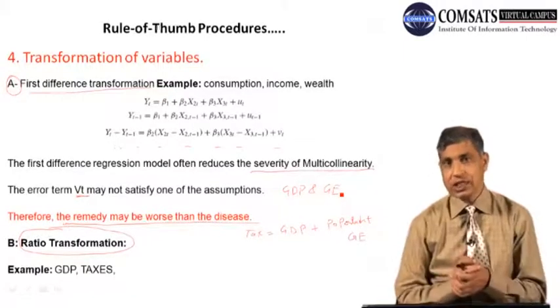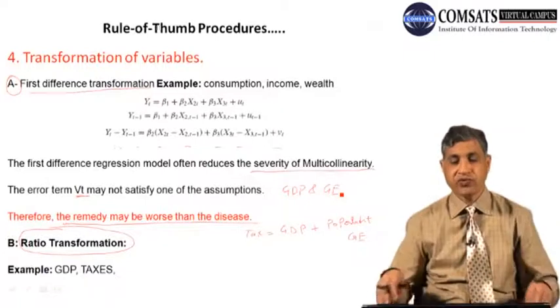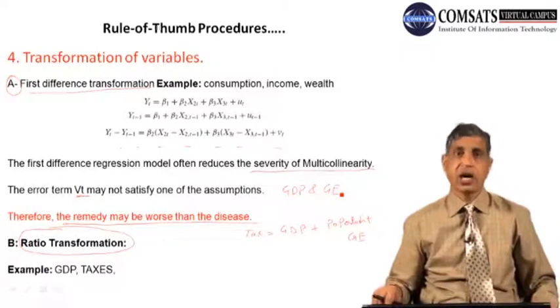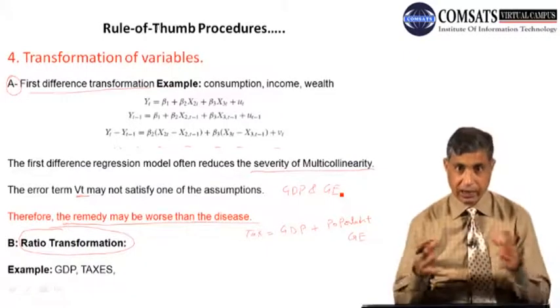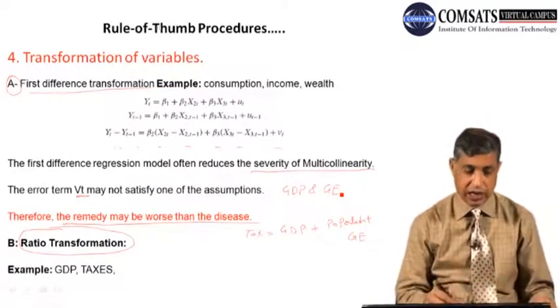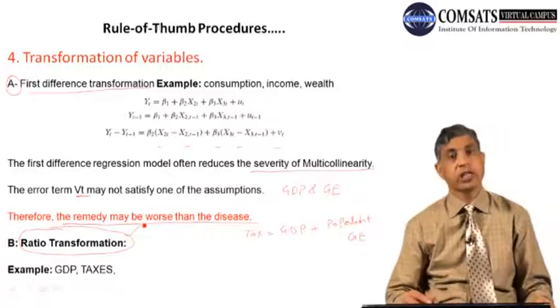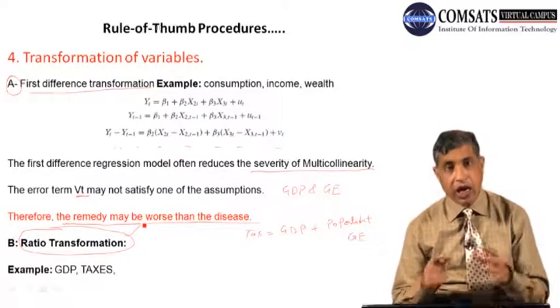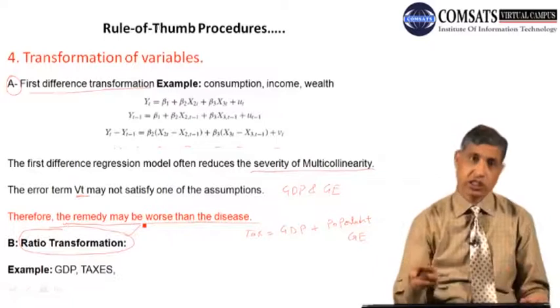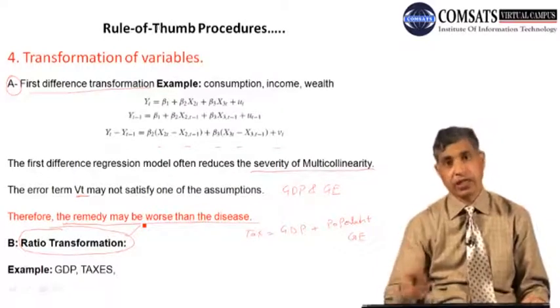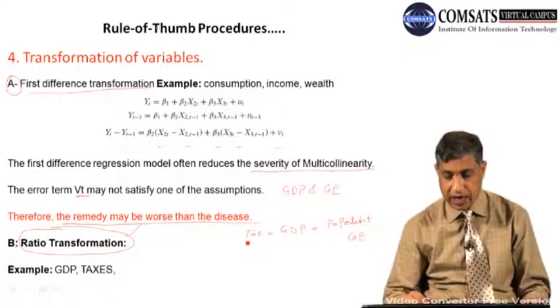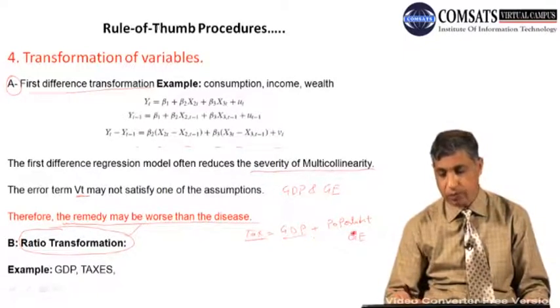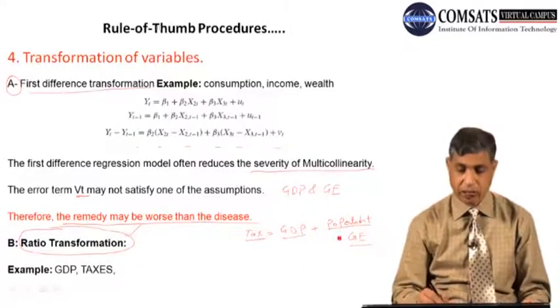So if this is the situation, now rather than transforming into the first difference, I want to reduce the multicollinearity, and I am using the ratio transformation. What ratio transformation? I will show everything in per capita terms. Per capita means that I will divide all the terms by total population. This is total population also, and this is the government expenditure.